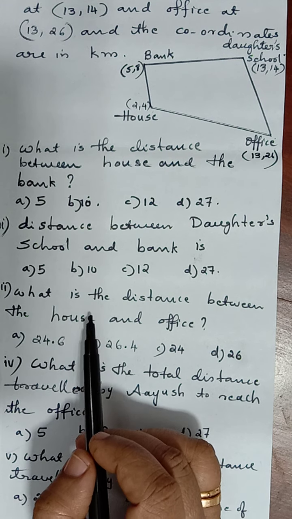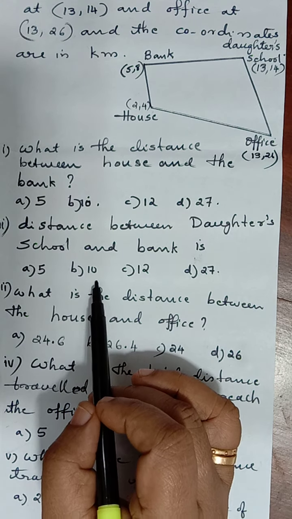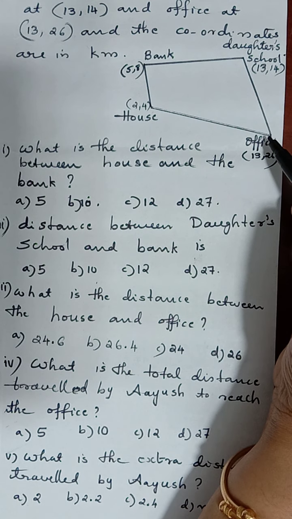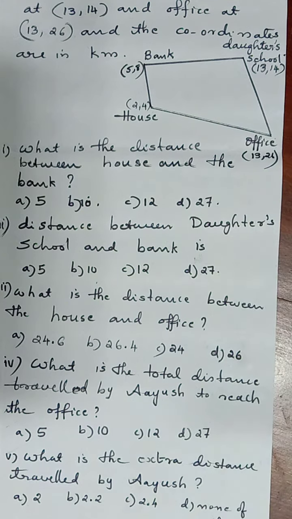So let us write that 5 plus 10 plus, now we have found daughter school to office. School to office it is 12 kilometer.